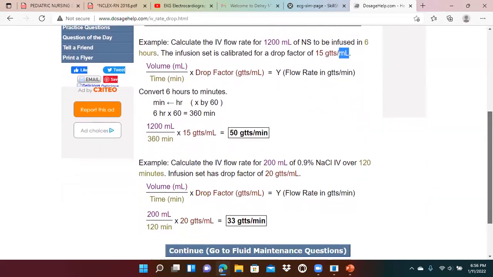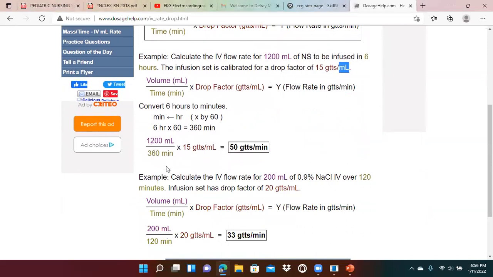Another example here: calculate the IV flow rate for 200 ml of 0.9% sodium chloride IV over 120 minutes. An infusion set has a drop factor of 20 GTT per ml. So volume in ml divided by time in minutes times the drop factor in GTT per ml.